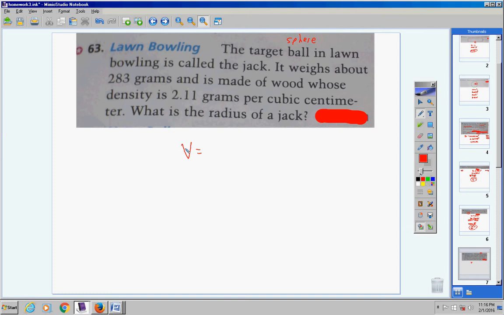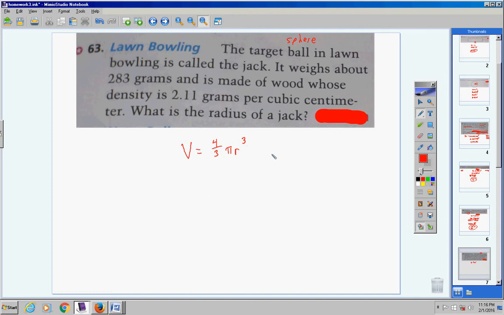Now I'm going from memory. I believe it's 4/3 pi r cubed. Alright. Let me see if I can locate that somewhere. Here it is. Yes, that's correct. 4/3 pi r cubed. So that's the volume of a sphere. Okay.